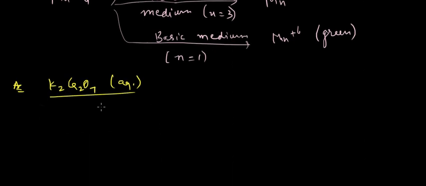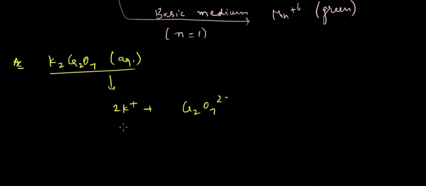So here this will dissociate into 2K+ and Cr2O7 2 minus. In Cr2O7 2 minus, Cr is in +6 oxidation state and gets converted into Cr +3.